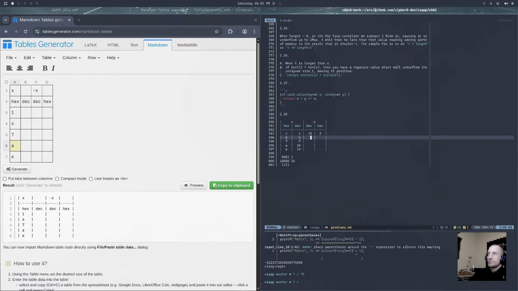Decimal 5. So I can just do these in my head. The negation from 16 would be 11. 11 would be B. 7 from 16 would be 9. And 9 is just 9 here.